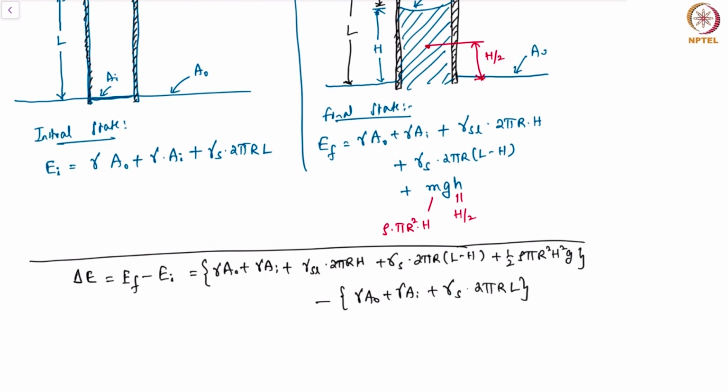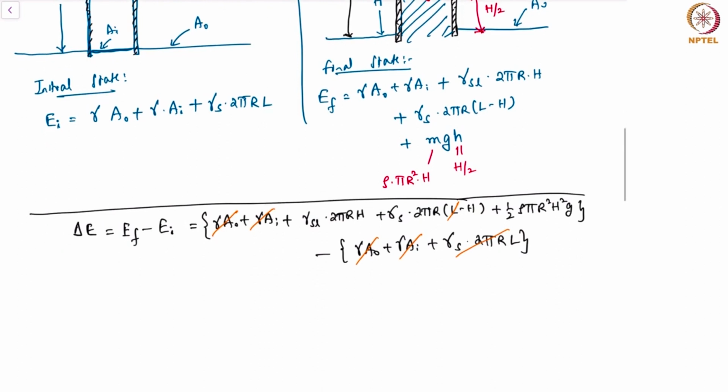Now a few things can be straight away cancelled. The area outside does not matter. There is no change to the area of the meniscus before and after. The contribution of the solid also will cancel out. So we have gamma S times 2 pi RL. Gamma S times 2 pi RL will cancel out.